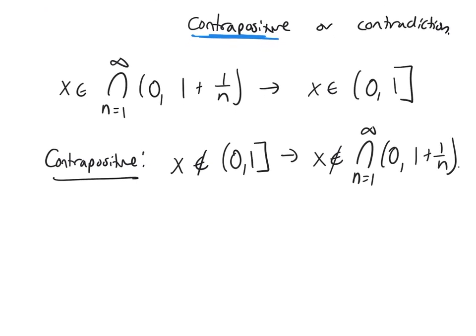Let us go ahead and outline this proof. What would the outline look like? I'm going to start with x is not in this interval (0, 1].